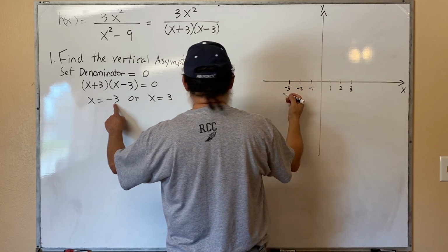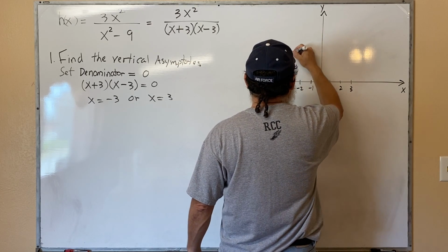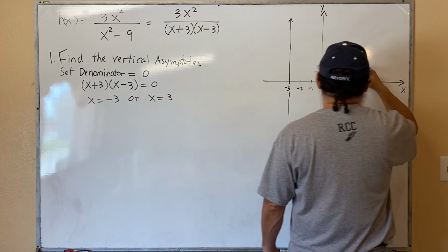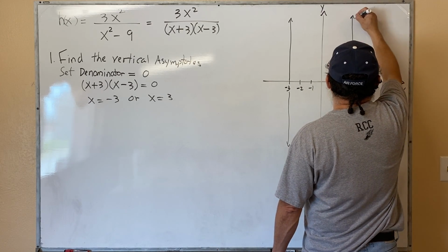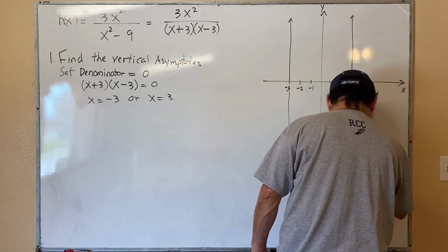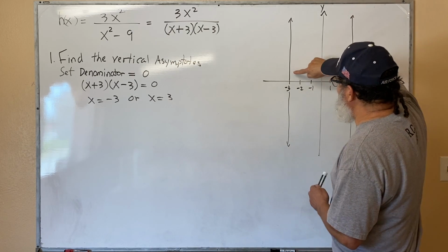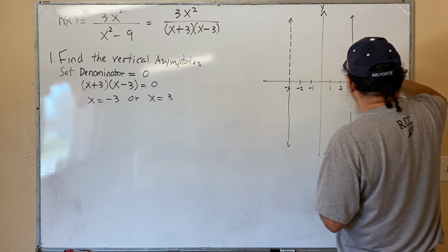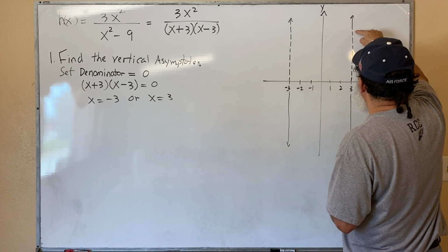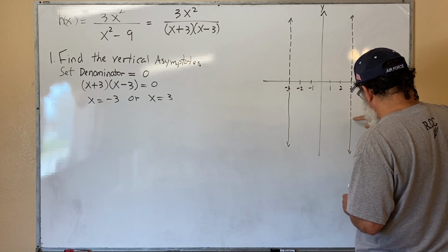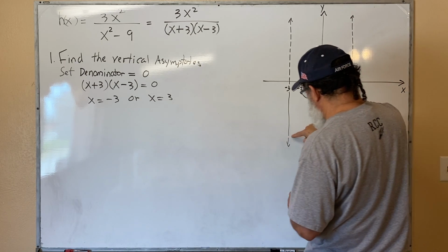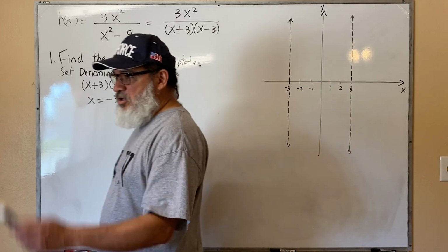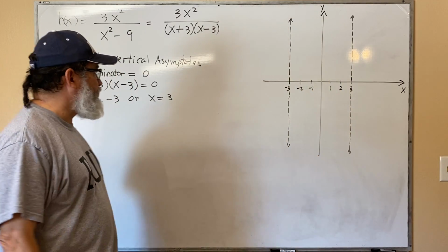And therefore, negative 3 is a vertical asymptote, and 3 is a vertical asymptote. And we denote them with dashed lines. There you go. So we found the vertical asymptote.